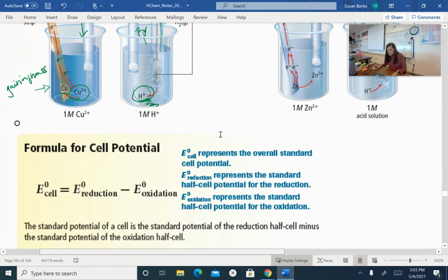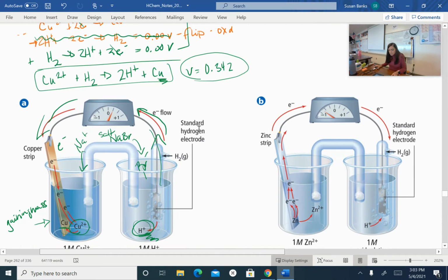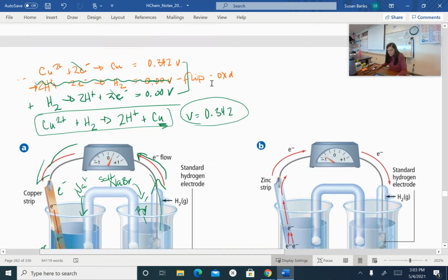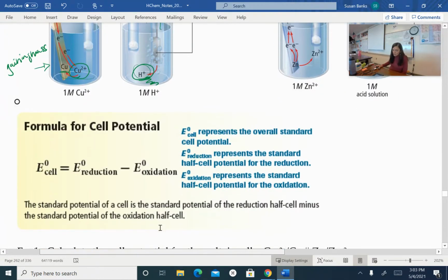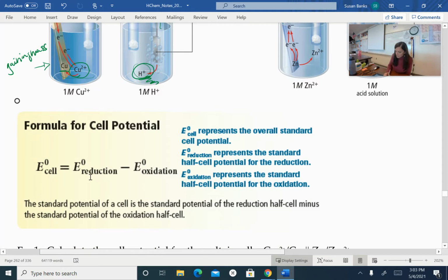Okay? So you'll see in the cell potential, we took the reduced and we actually added the oxidized. So I don't like this in that it says the E naught of the reduced minus the oxidation, because the oxidation you should flip.